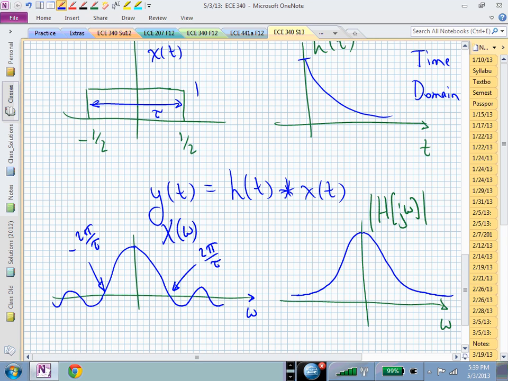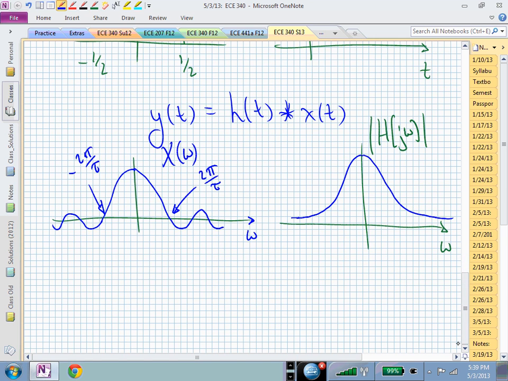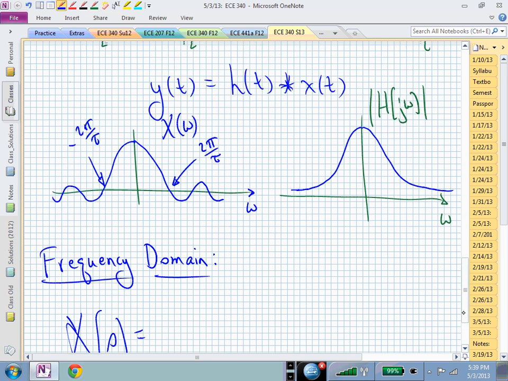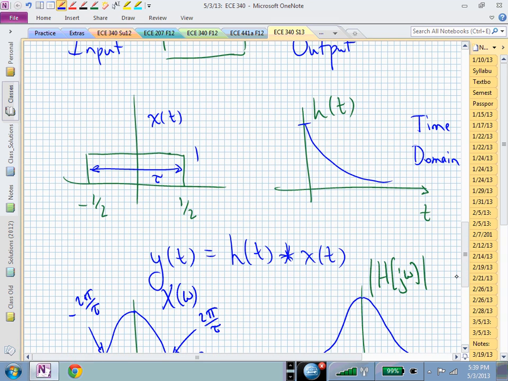So this is one way of thinking of it in the frequency domain. You could also look at this in the Laplace setting, in another frequency domain. If I said Laplace transform little x of t, what would that look like?